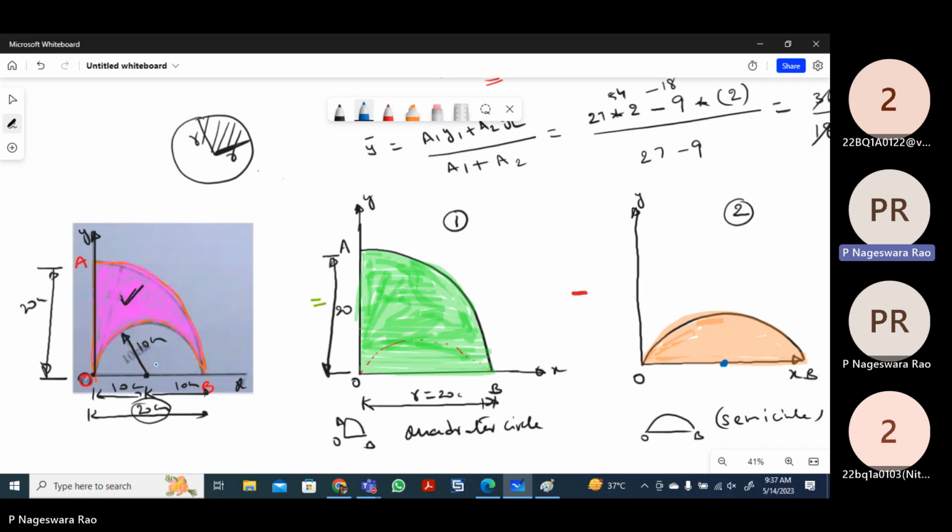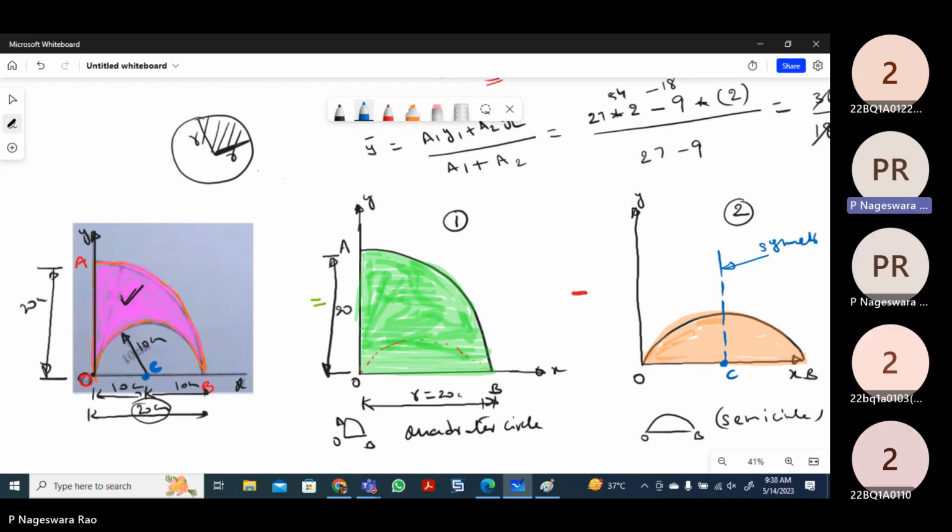Let us assume this point is C, and we draw the symmetrical line. So from the quarter circle we have to remove the semicircle so that I can get this shaded region. For this shape I need to calculate the centroid.